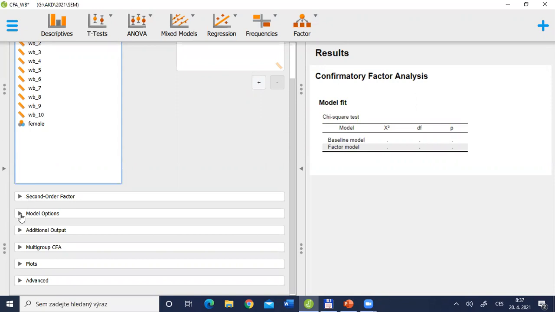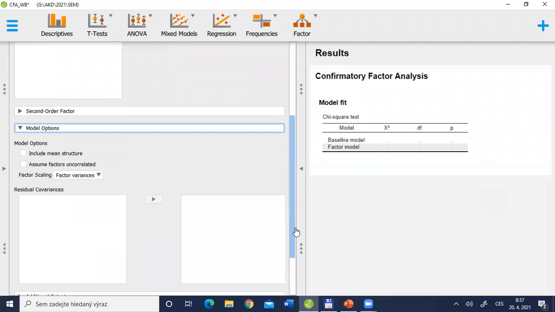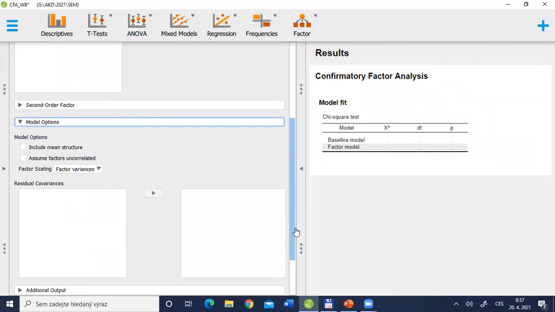Let's go to the next part, which is called model options. Here we have some special options. Some of these we will use today or maybe next week. But first of all, I would like to ask for a change of factor scaling. We would discuss this factor scaling in rule number 6, and we would be discussing the necessity to set a scale for the factor, for the latent variable.